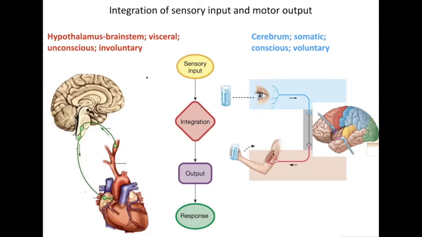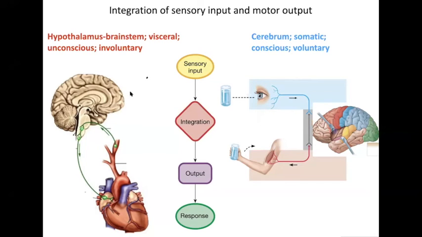And then the complicated motor movements to carry that out. So this is what's happening in the somatic version of these arcs: cerebrum, somatic, conscious, voluntary. You can choose to pick up that glass of water or not, even if you're really thirsty. So that's what you want to associate with this pathway.